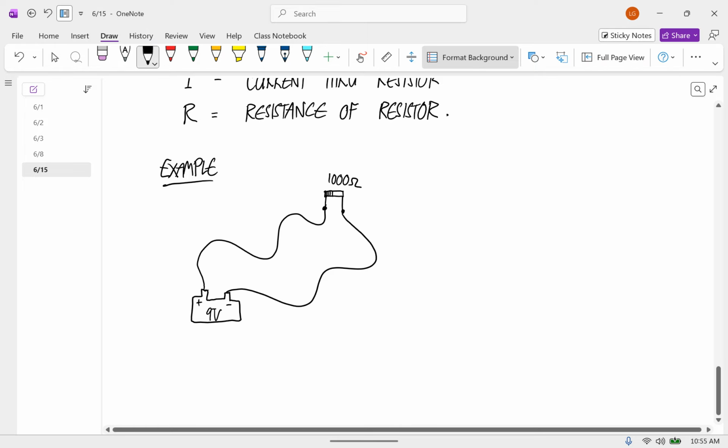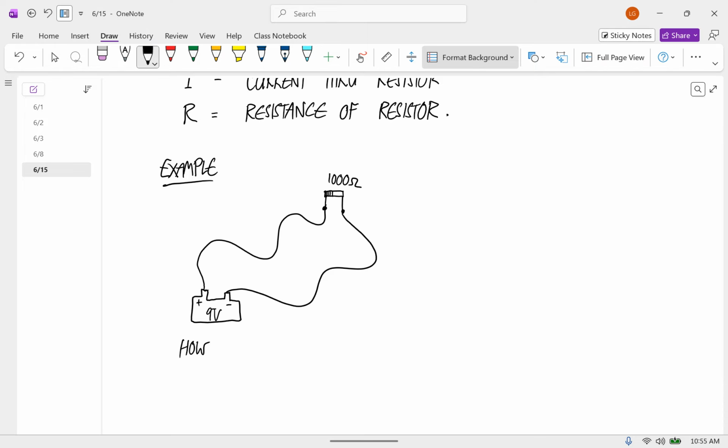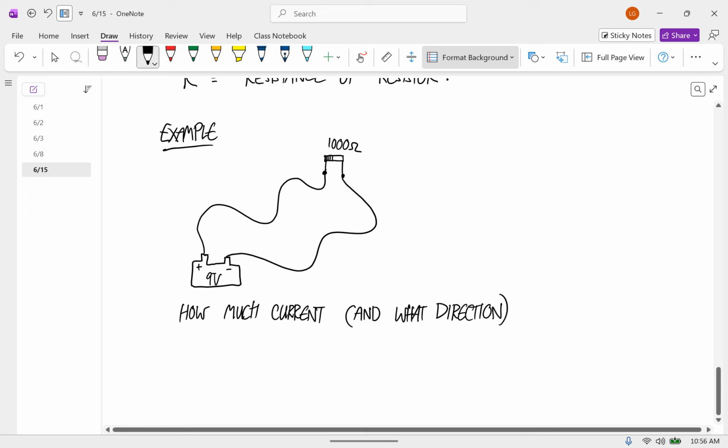And we want to know how much current and what direction is flowing through that resistor.